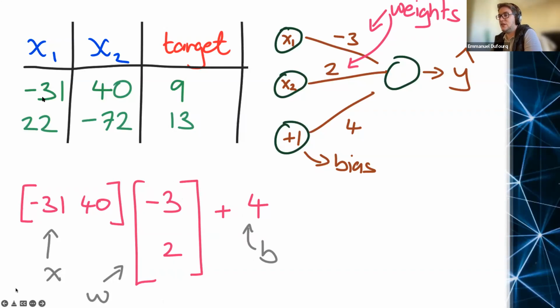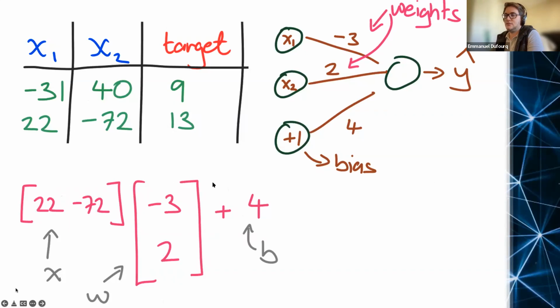So essentially, y hat 1 can be expressed like this: -31 times -3 plus 40 times 2 plus 4. Likewise, for the second example, all I need to do is plug in the new values: 22 times -3 plus -72 times 2, finally plus 4.